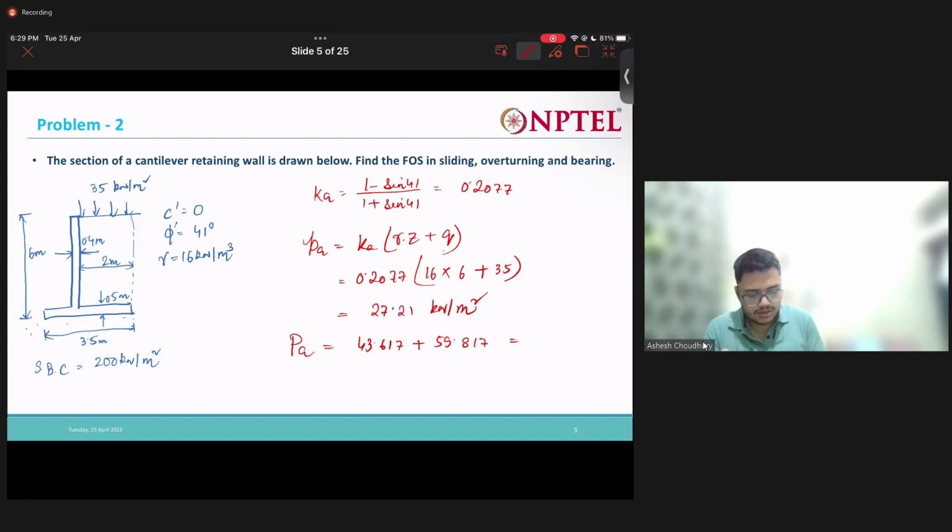So it will be 43.617 plus 59.817, 103.43 kilonewton per meter.